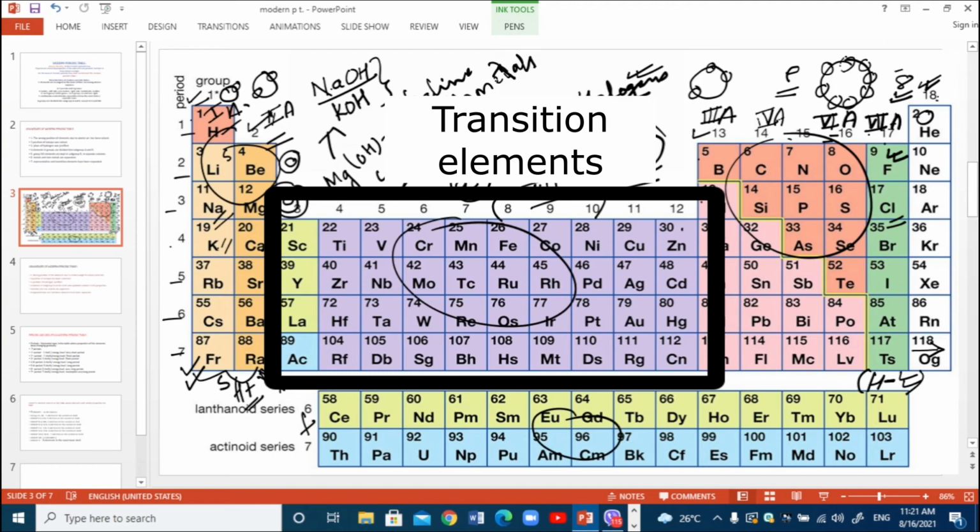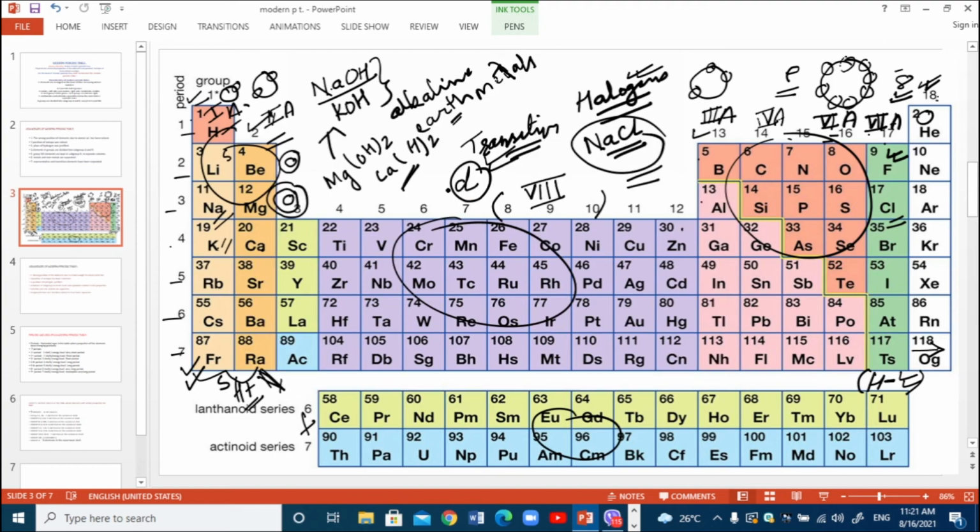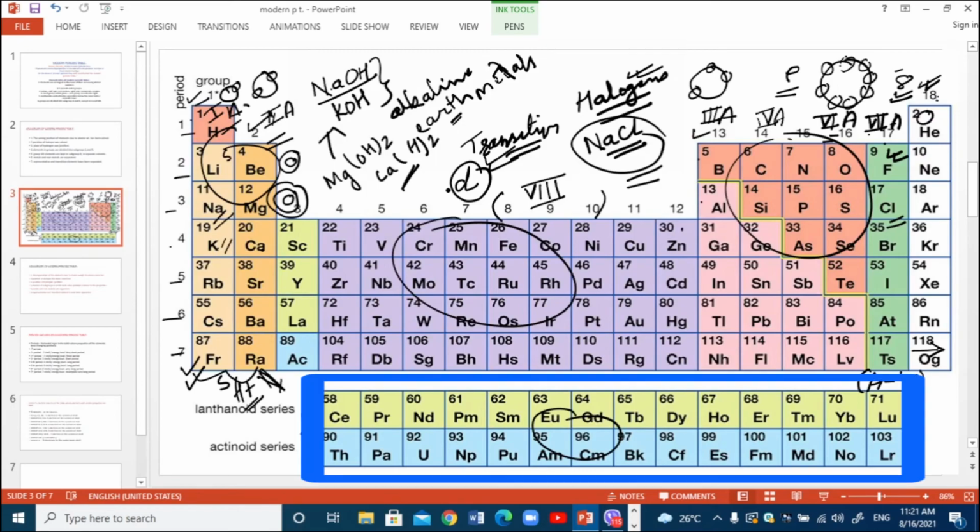Similarly, F block elements are lanthanides and actinides. There are 14 elements in each row, and all 14 in the upper row have similar properties, and all 14 in the lower row have similar properties. The upper ones are called lanthanides and the lower ones actinides.